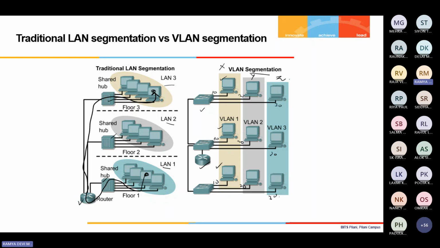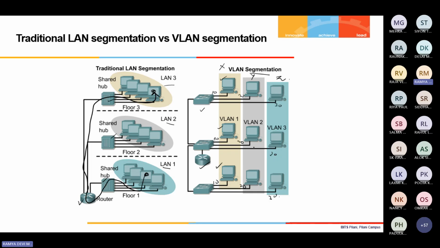So in traditional LAN segmentation, devices are grouped by location. Each floor forms a separate network with the help of shared hubs. Communication between the floors is supported with the help of a router. Reconfiguring it is very difficult. That's the reason we go for VLAN segmentation.